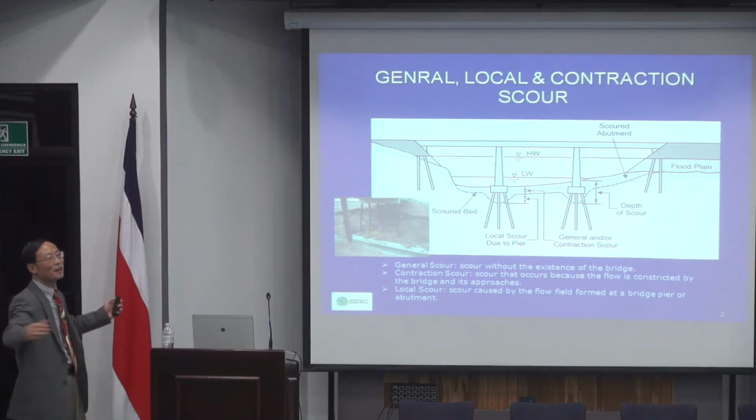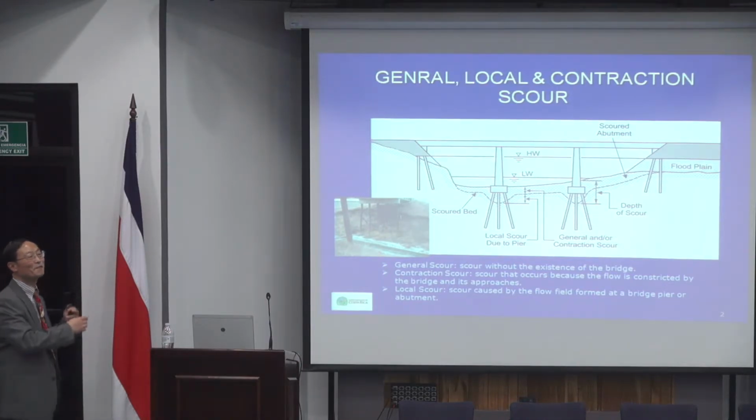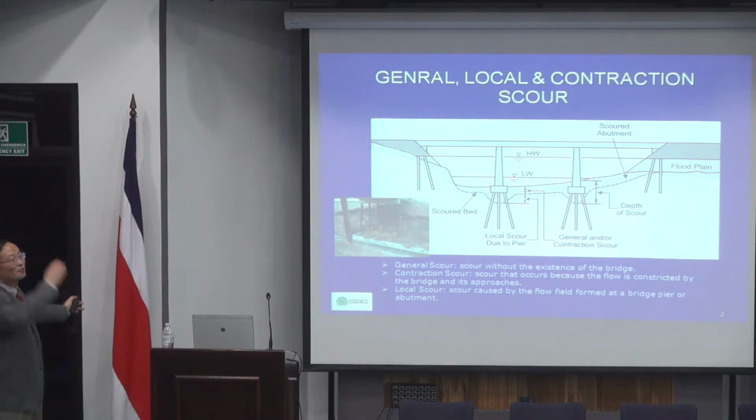That's if you have no bridge, or if you have built a bridge from bank to bank without affecting the stream. And once you put the piers in the stream, that blocks the water so that you have narrow channels. Once you have narrow channels, of course, you have high velocity. So that will wash out and produce additional scour.